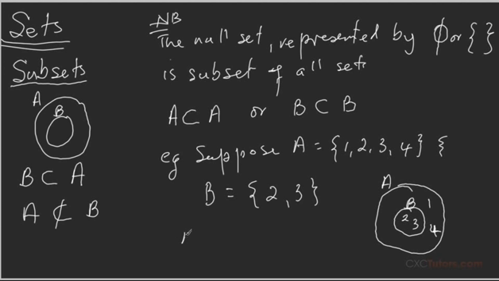Let me make a note again right here. Look at this. A intersect B. If you want to find the intersection, all the common elements between A and B, what would we get for our answer?